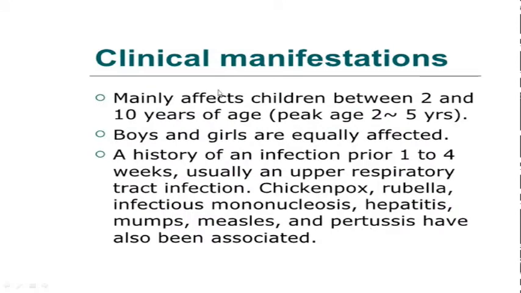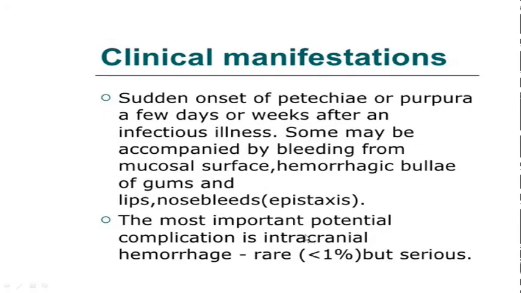Mainly the children affected are around 2 to 10 years of age, and boys and girls are equally affected. It is usually preceded by an upper respiratory tract infection like chickenpox, rubella, hepatitis, pertussis, and there will be a sudden onset of petechiae or purpura.